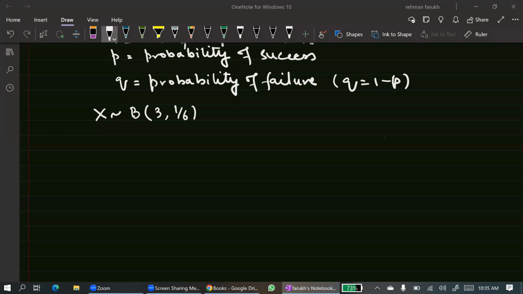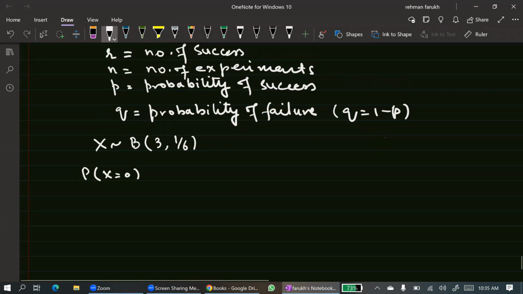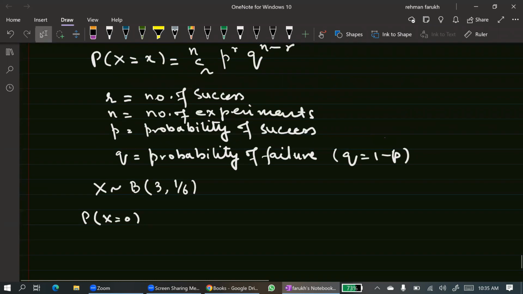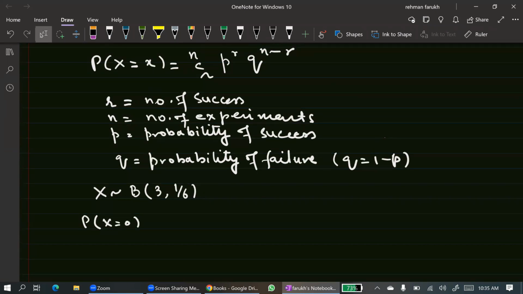Now we want to find out the probability when x is equal to 0. X is equal to 0 means there is no 6. There are 0 successes. So here r is equal to 0. R is the number of successes.